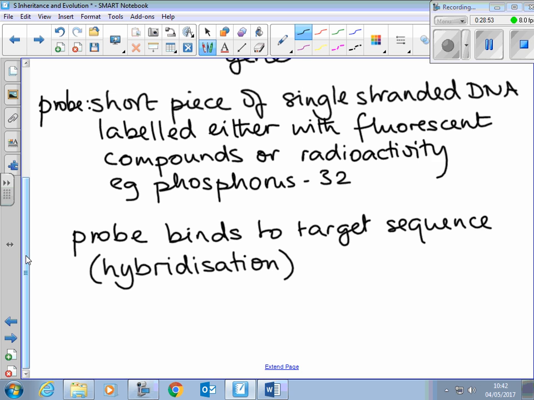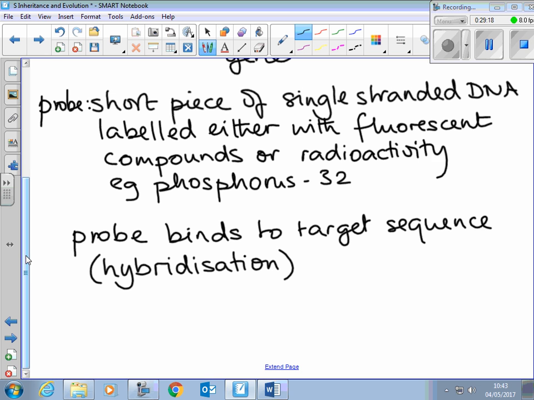But Southern blot and Northern blot are just two techniques that I'm definitely not asking about. They are just to do with how the labelled chemical is transferred from culture plates and that sort of thing.